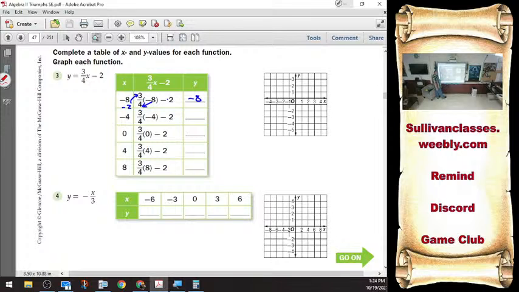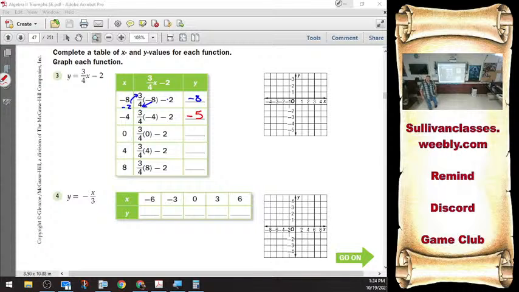What's a quarter of 4? 1, right? I got $4. What's a quarter of it? 1. So what's a quarter of negative 4? What's 3 of those? Negative 3. Minus 2. All right. What's anything times 0?